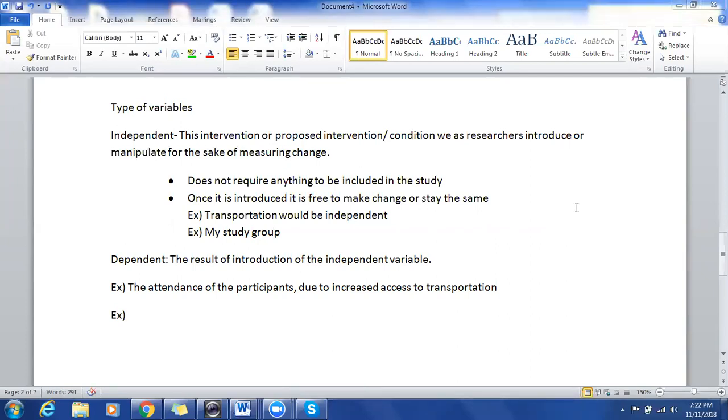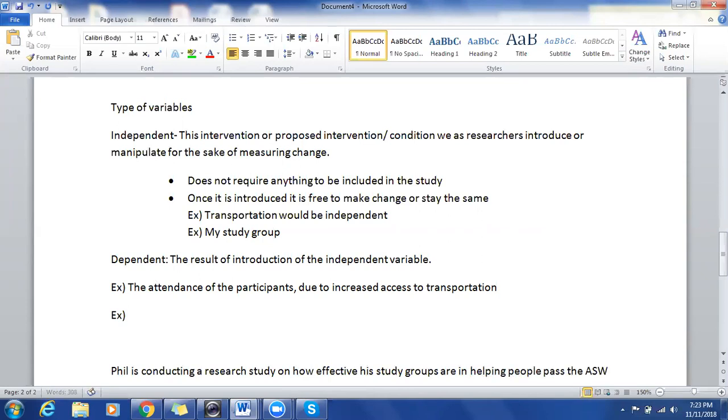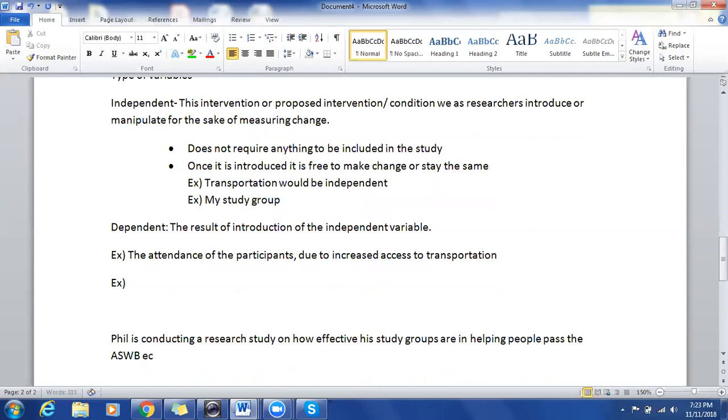Say it again. Okay, so if I was doing a research study, let me type it out. Phil is conducting a research study on how effective his study groups are in helping people pass the ASWB exams.